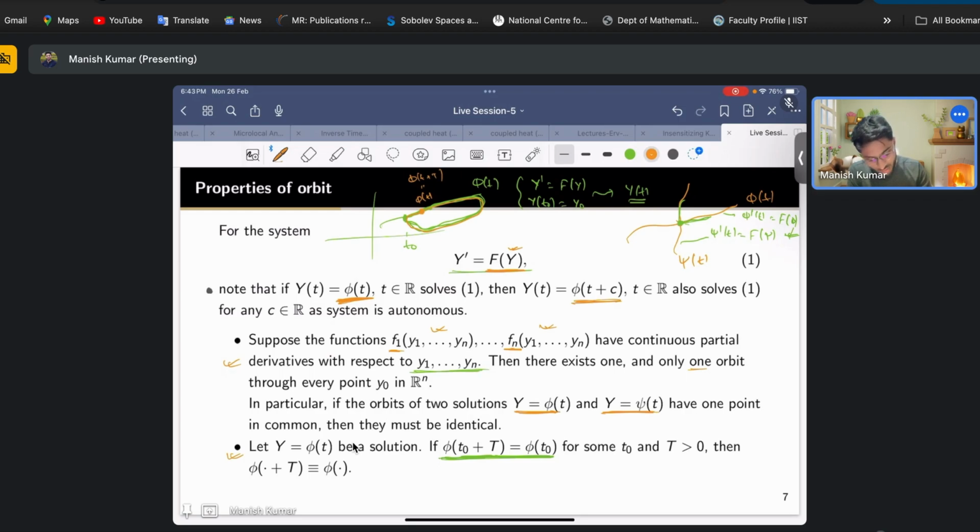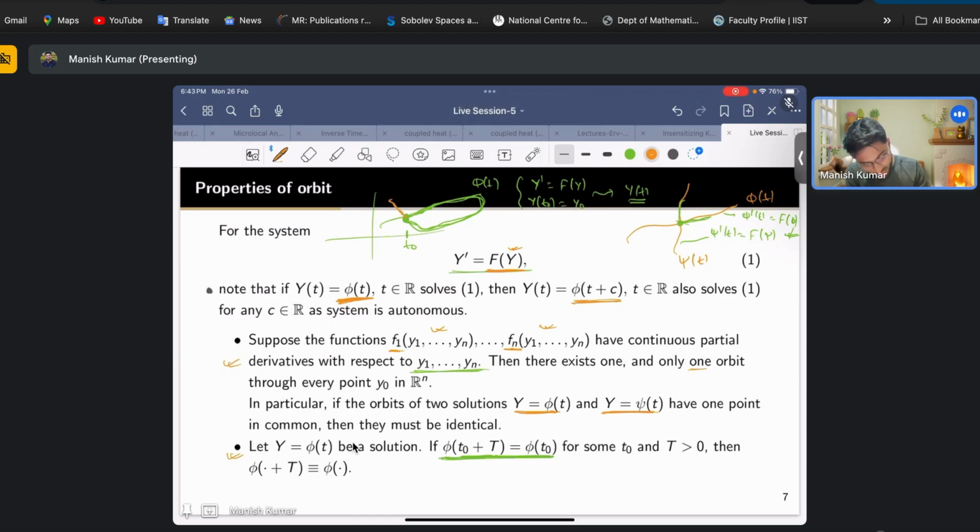So suppose this is true, that at t naught, at this point you have this kind of property, but after this you cannot go from here like this, right?